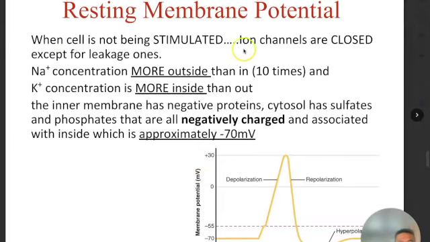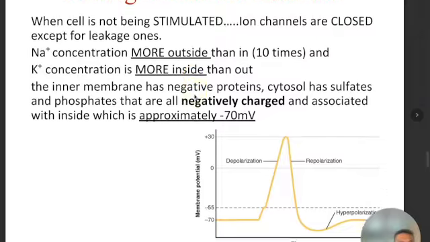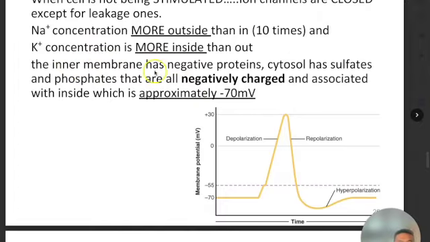When the cell is not stimulated, all the ion channels are closed except the leak one. It leaks once in a while. Sodium is 10 times more on the outside. Potassium is more on the inside. The inner membrane has a negative protein.